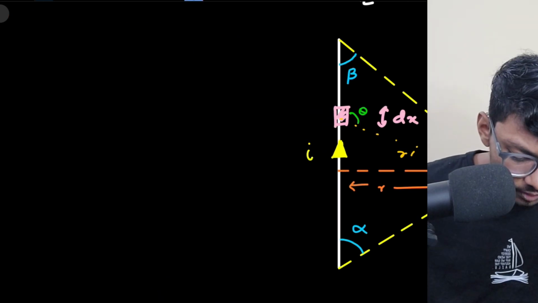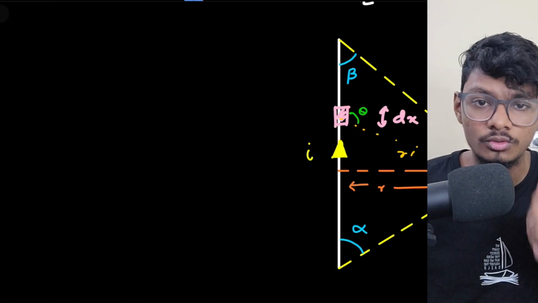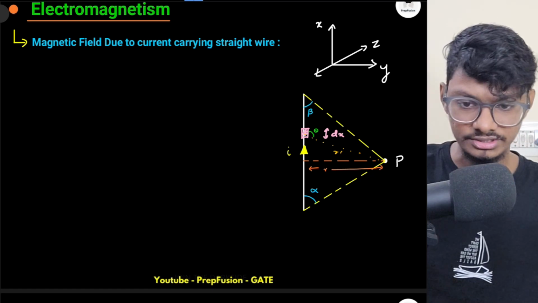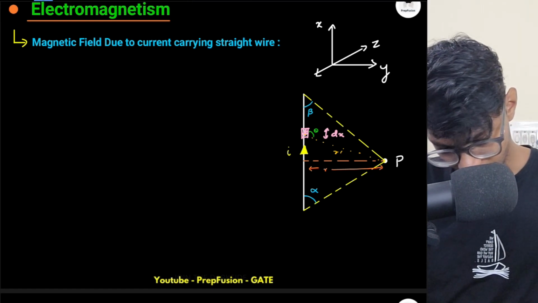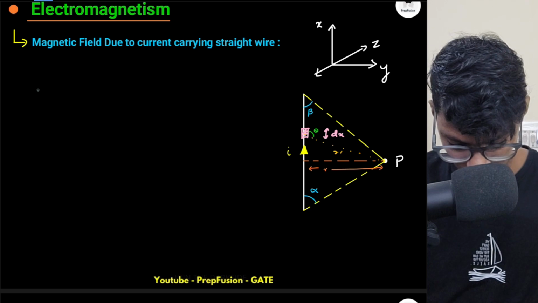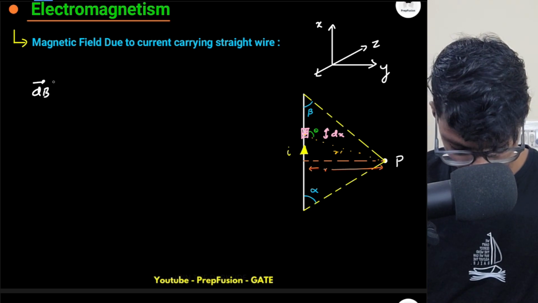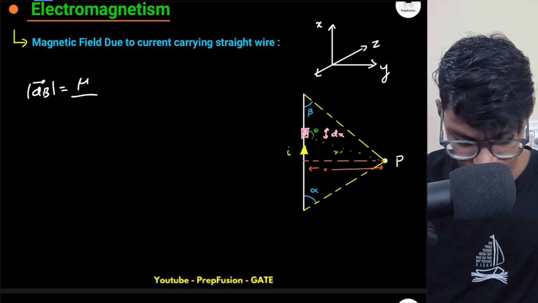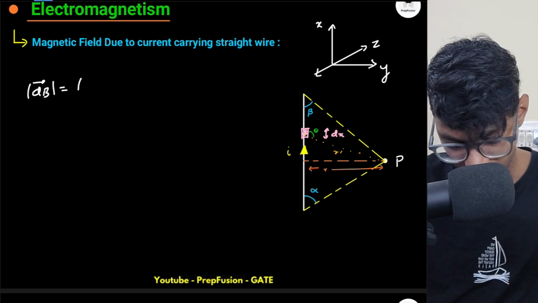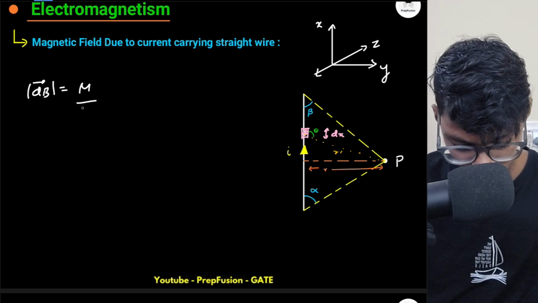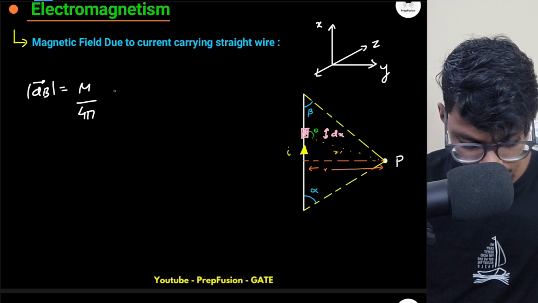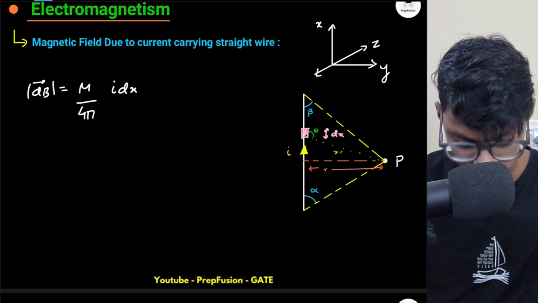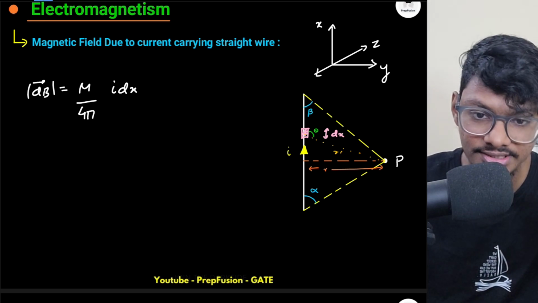So due to the small current element, can you write the magnetic field? Please write me the magnitude. I don't want the direction now. I just want the magnitude. So what will be the magnitude of the magnetic field? dB equals to, I will assume some magnetic permeability mu, mu by 4 pi into IDL, now this will be IDX, because this small element is of length dx.